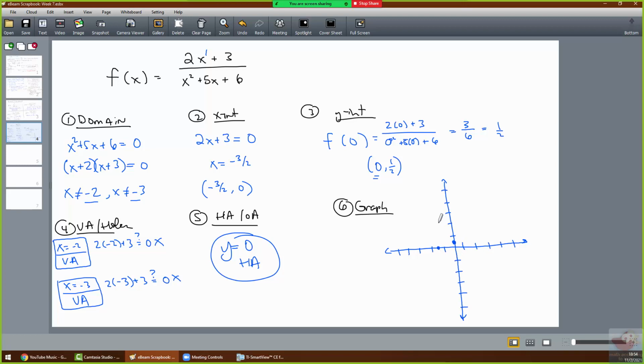We have a vertical asymptote at negative 2. And at negative 3. Ugh, that's awful. These are really close to one another. And we have a horizontal asymptote, which happens to be along the x-axis because it's at y equals 0.